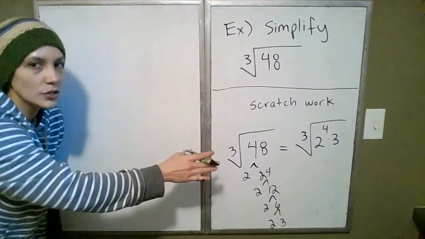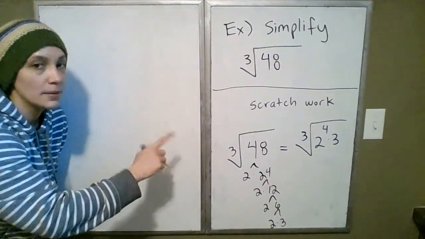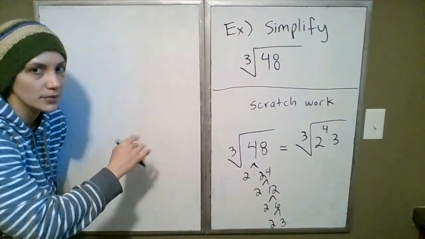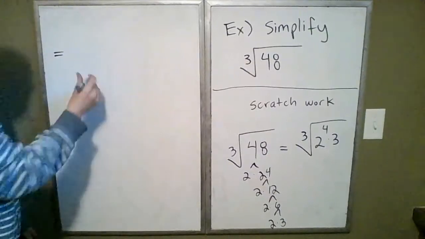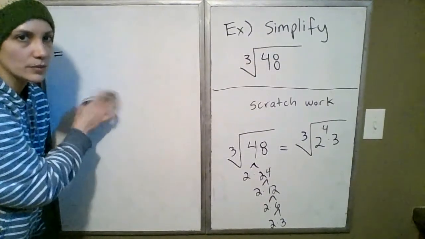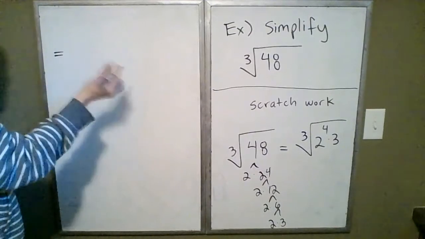So I'm trying to have an exponent match the root, and that way that part will simplify. If I write 2 to the 4th as 2 cubed times 2, the 2 cubed under the cubed root will reduce, simplify.